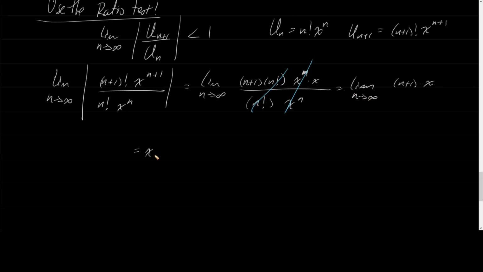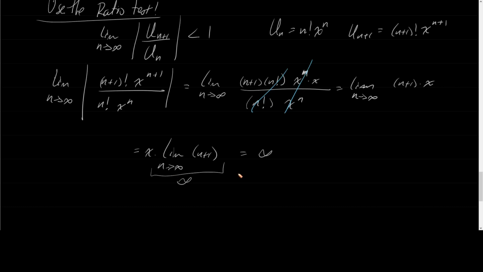So we have x times the limit as n goes to infinity of n plus 1. Now, what is that? As n goes to infinity, this piece gets huge. So for any fixed value of x, this is equal to infinity.